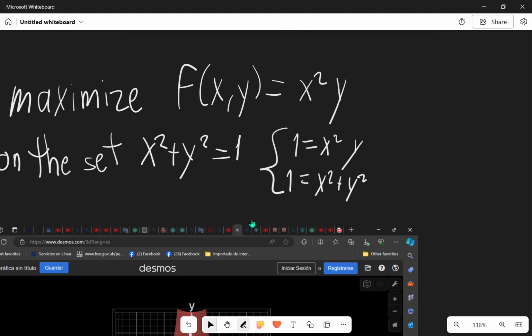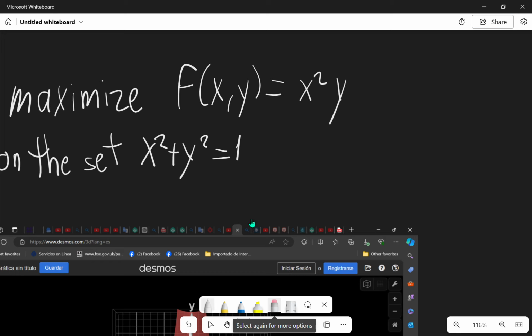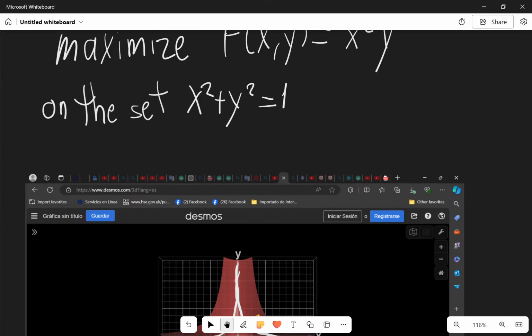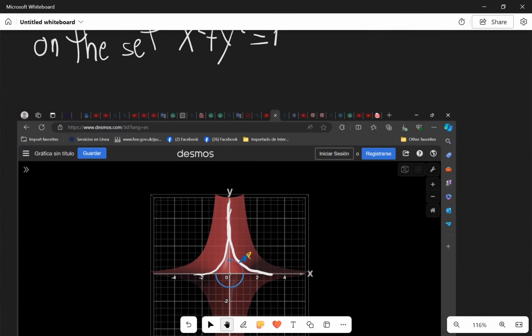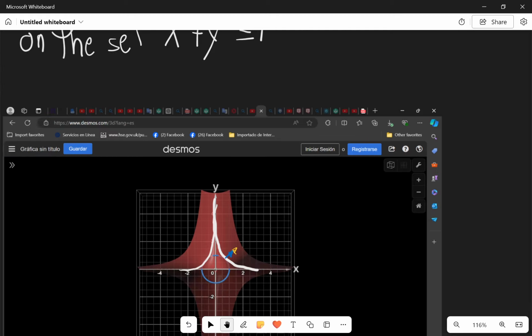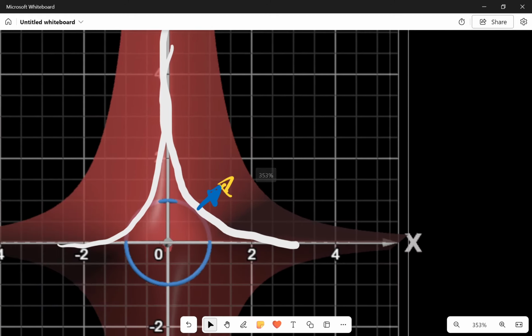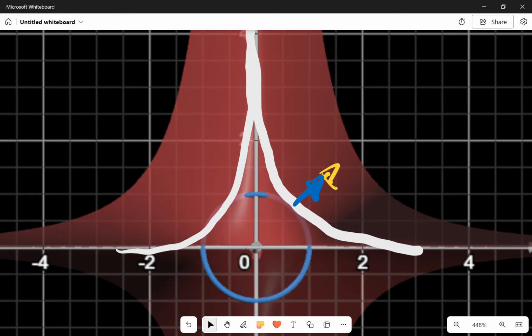And how can we determine this maximum point we are looking for? Well, remember I said the gradient of the blue circle, the blue arrow, is proportional to the yellow gradient of the red graph, the red function.